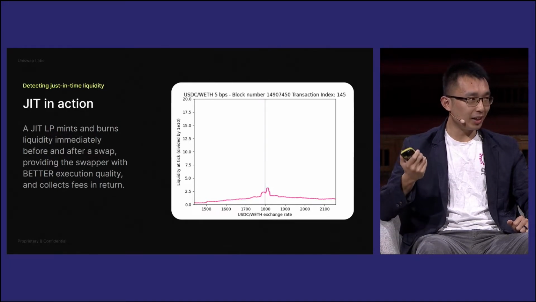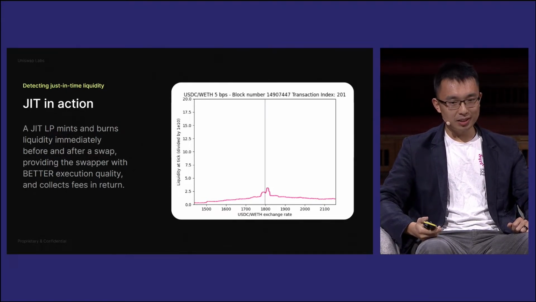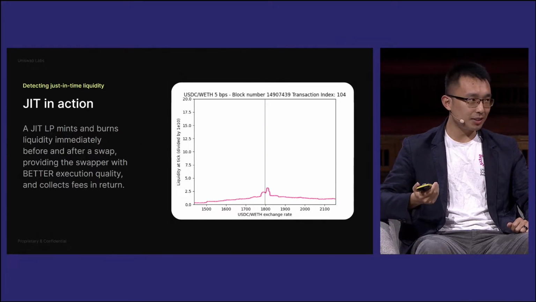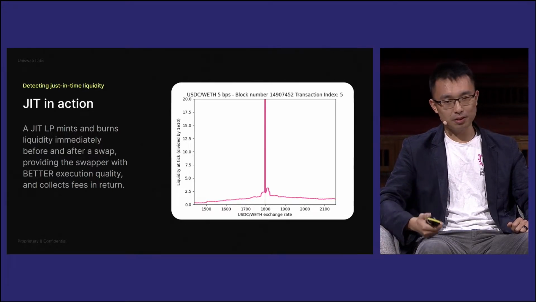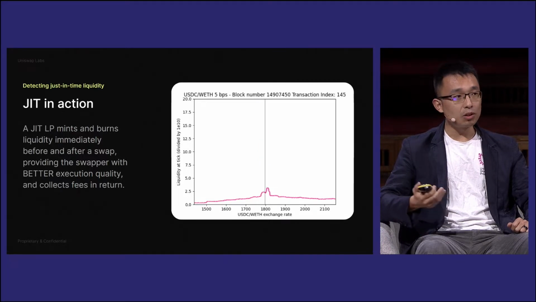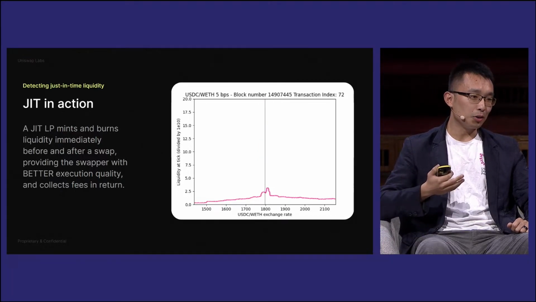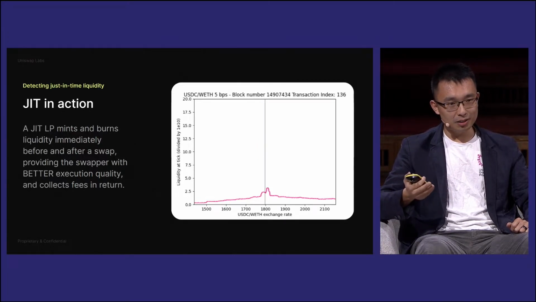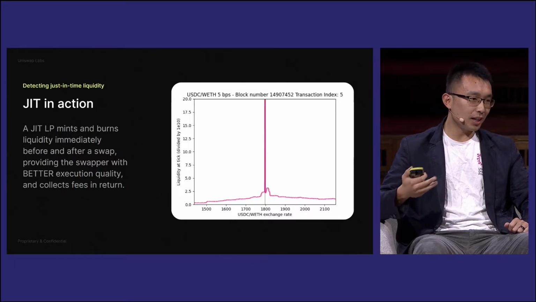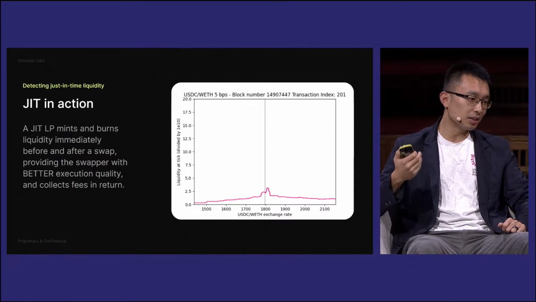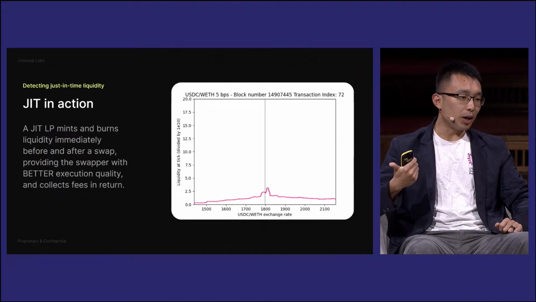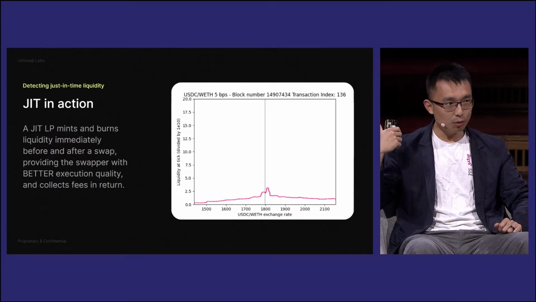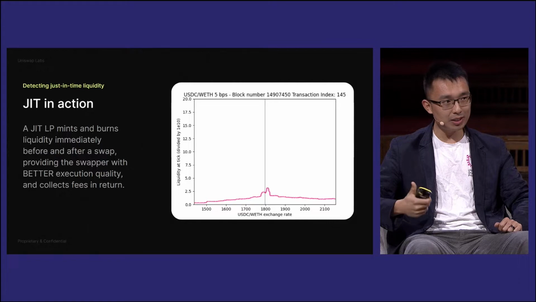Now, why do we care about just-in-time liquidity? It's actually something we anticipated when we were designing Uniswap V3, but we weren't sure how prevalent this phenomenon is going to be. And it tells us a lot about the price improvement implications for traders, because just-in-time liquidity actually gives the trader a better price.